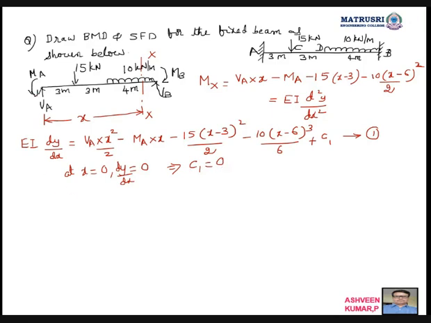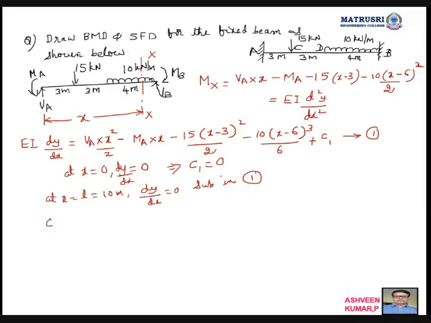Now similarly, at x is equal to L also, this is a fixed beam, no? So at x is equal to L, that is 10 meters, again dy by dx is 0. Substitute in 1.